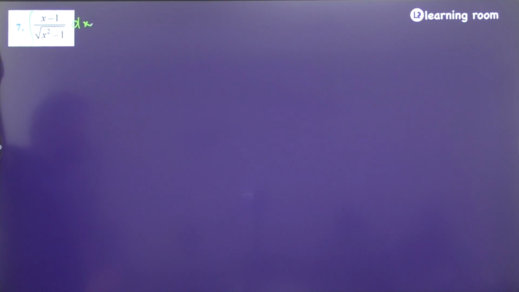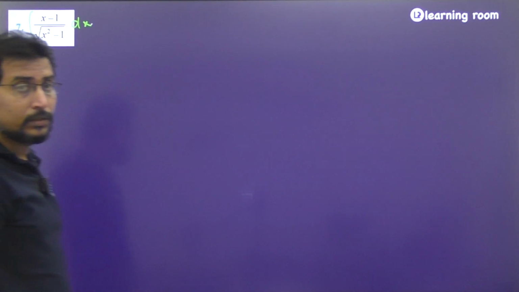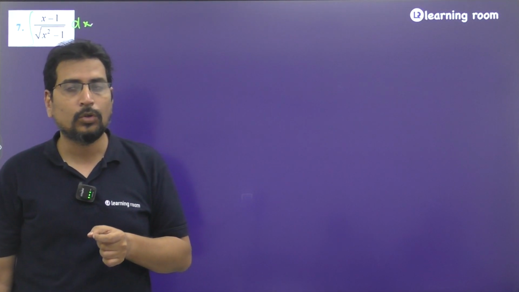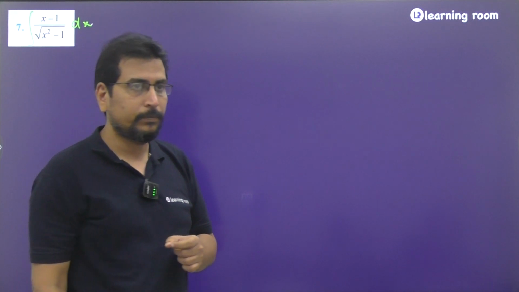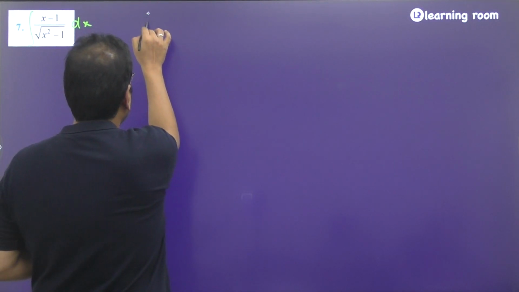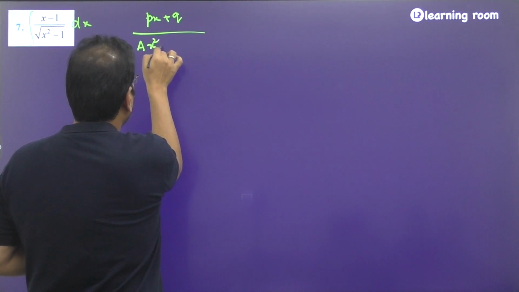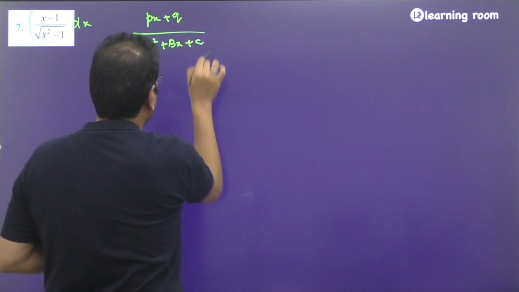The next question is the integral of x minus 1 divided by root of x square minus 1. If you observe, this is of the form linear divided by the root of a quadratic, that is, px plus q divided by root of ax square plus bx plus c.